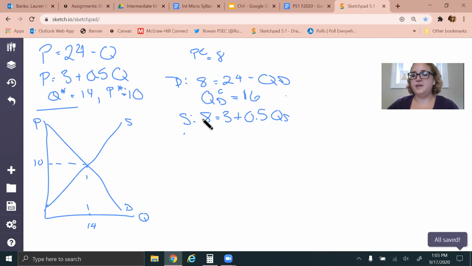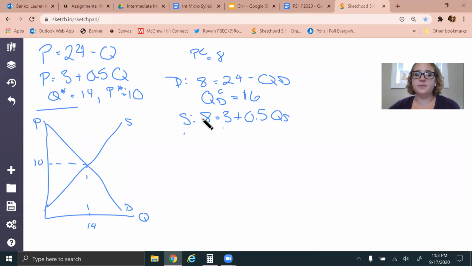I'm just adding the D and the S here just to make sure we have this down. If you don't do that, it's not a problem. Just, you know, this is the amount consumers want, and this will be the amount suppliers want. And it's fine that you don't necessarily label these as long as you get the idea correct.